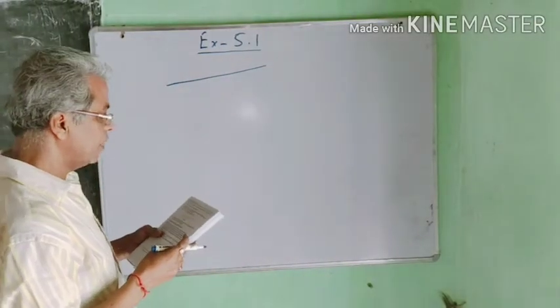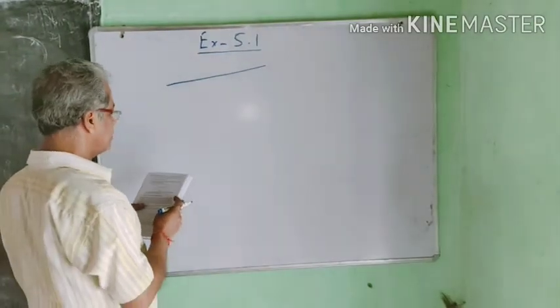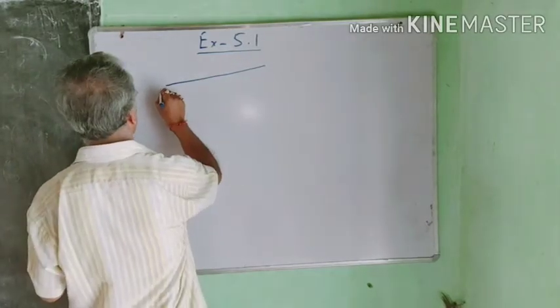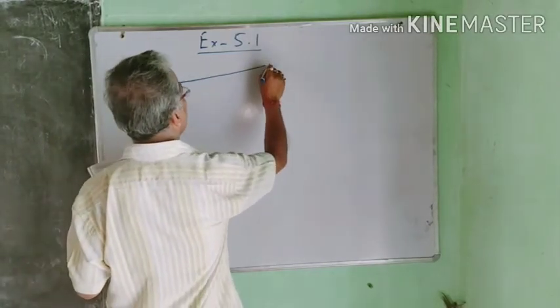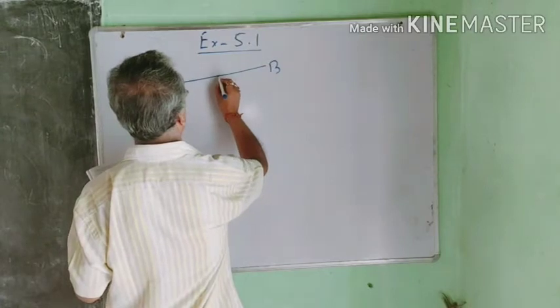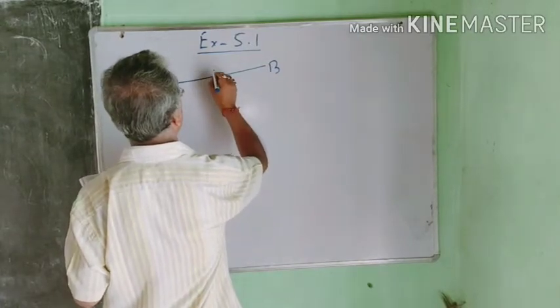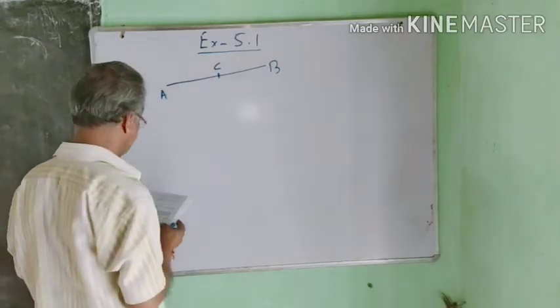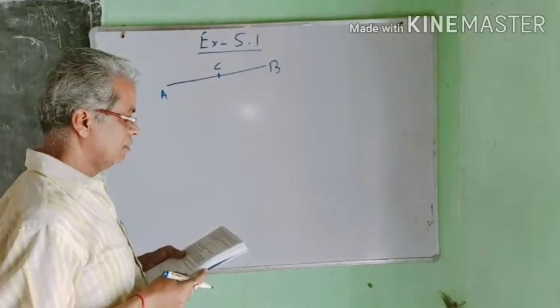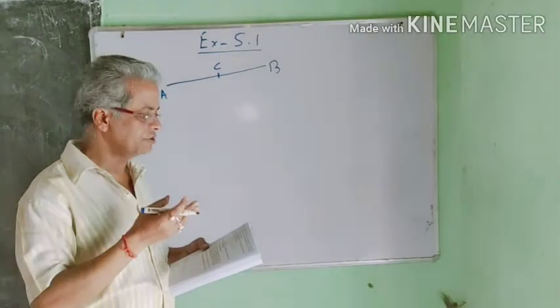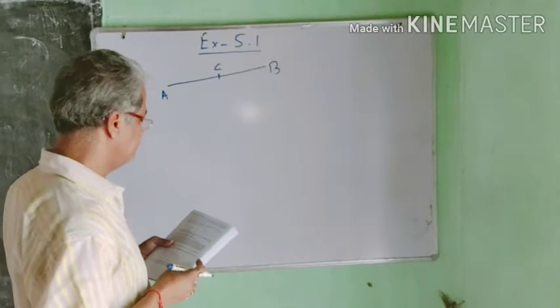C is a point that lies between A and B such that AC is equal to BC. So this is C. You have to prove AC is equal to half AB.